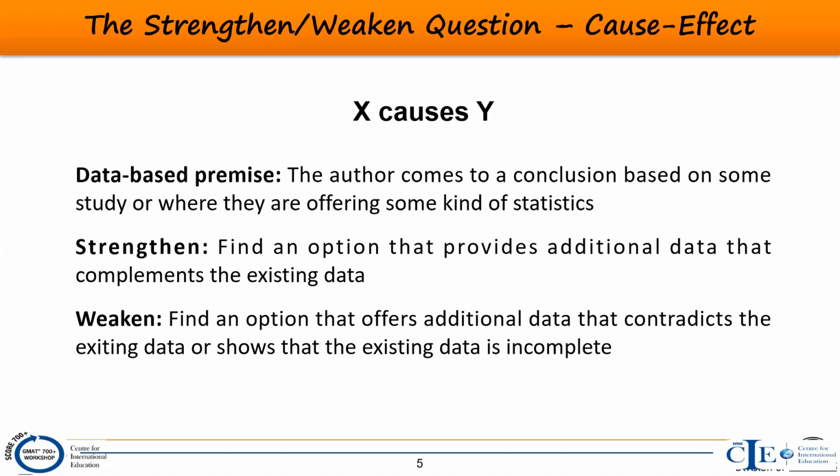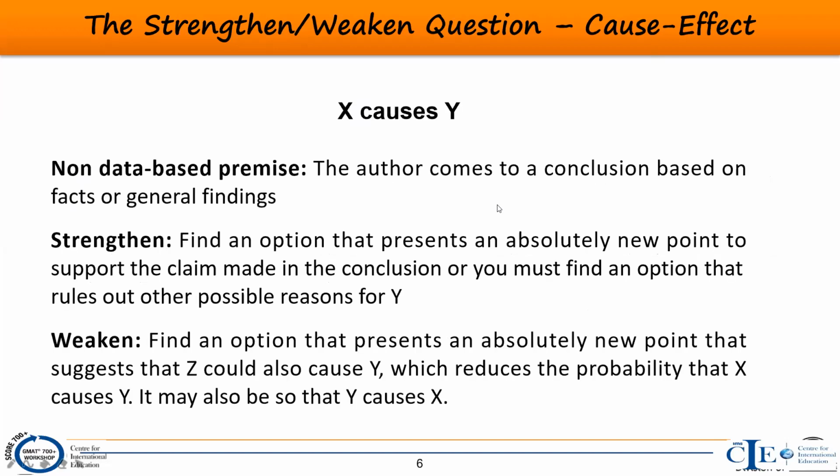To weaken, we can find an option that offers additional data that contradicts the existing data or shows that the existing data is incomplete. Similarly, for strengthening X causes Y, find an option that presents an absolutely new point to support the claim made in the conclusion, or find an option that rules out other possible reasons for Y. Suppose you say X causes Y.